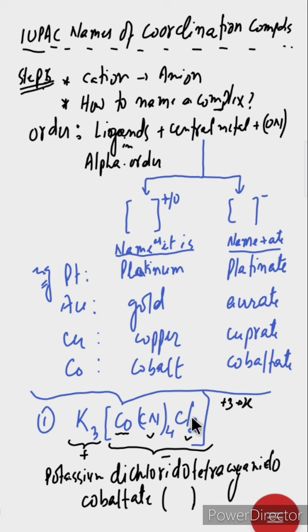Cl is also -1, so -2. -4 and -2 make -6, and this must be equated to 0. So X comes out to be +3. This is the oxidation number of the central metal, so we must write 3 here. This is the IUPAC name of this compound. I hope it is clear.